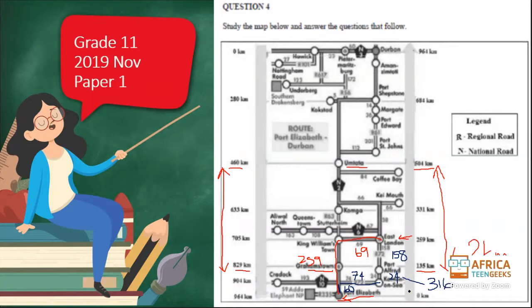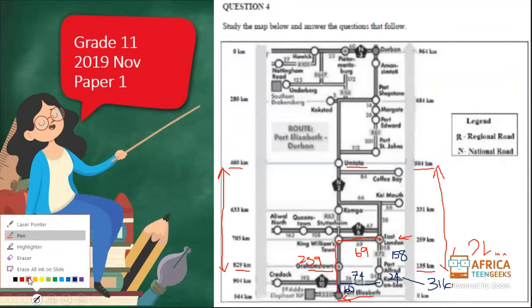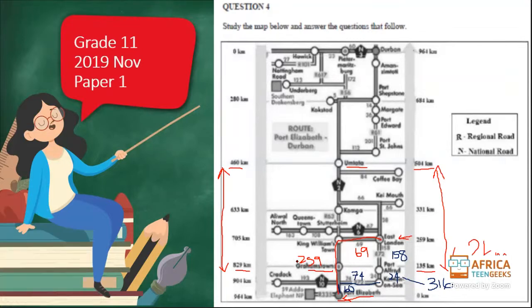But I'm assuming that this person is traveling on the N2 because we're talking about the N2 in this example. So using the red pathway, it's 259 between PE and King Williamstown and 69. So it is 259 plus 69.